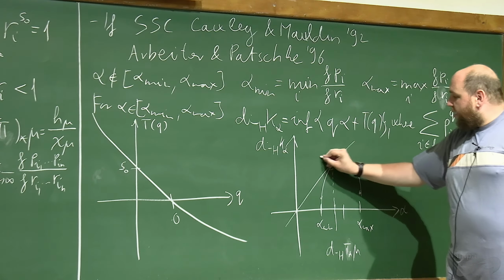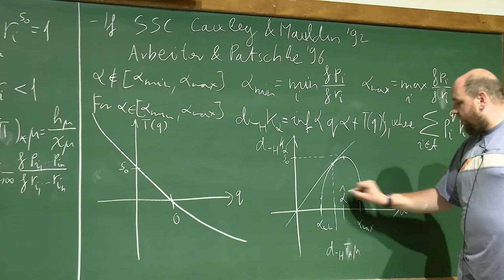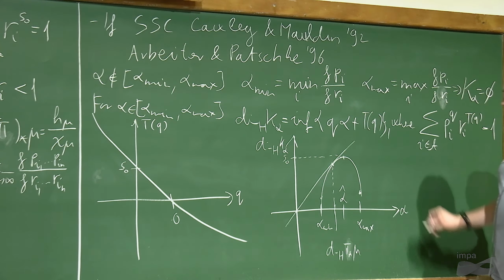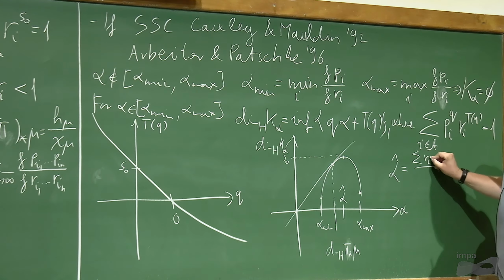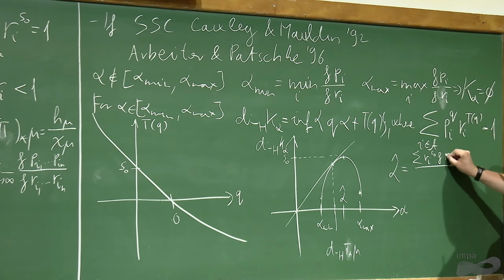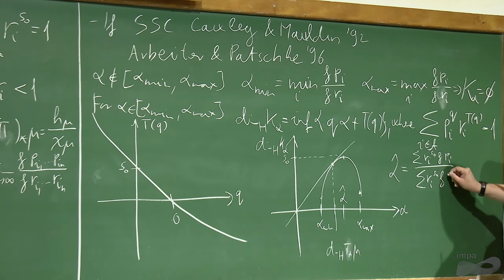And there is one value where it's maximal, taking the value s_0. Let me call it alpha hat. And alpha hat also has this nice formula: sum of r_i^{s_0} log p_i divided by sum of r_i^{s_0} log r_i.